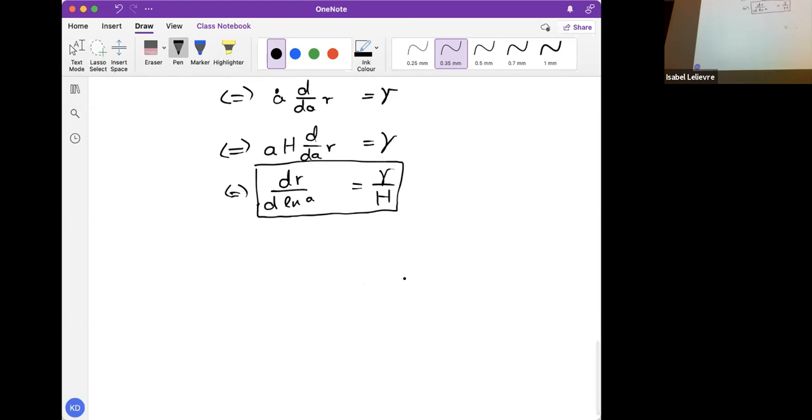And graphically, what we expect as a function of the scale factor, well, let's say log of the scale factor, is that the sterile neutrino number density will initially be small, just because there hasn't been enough time for neutrinos to oscillate, and then it will grow to a certain value and eventually will cease to grow.